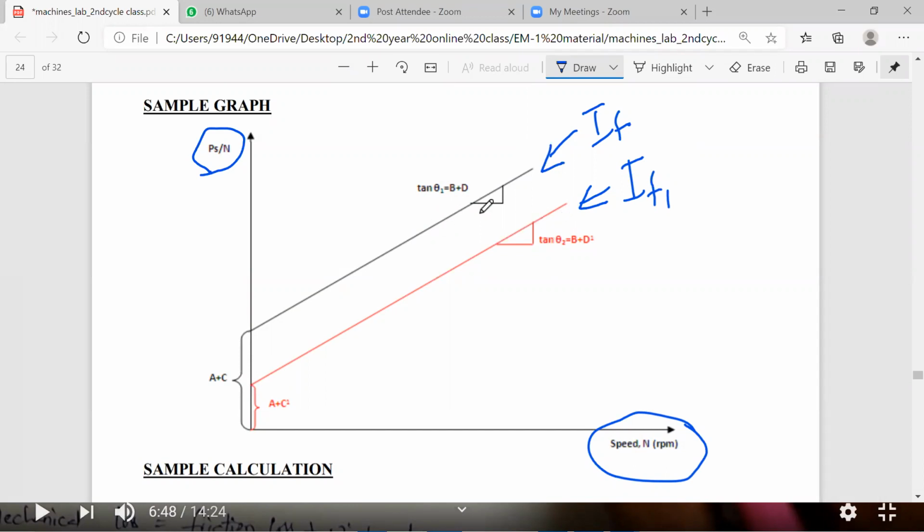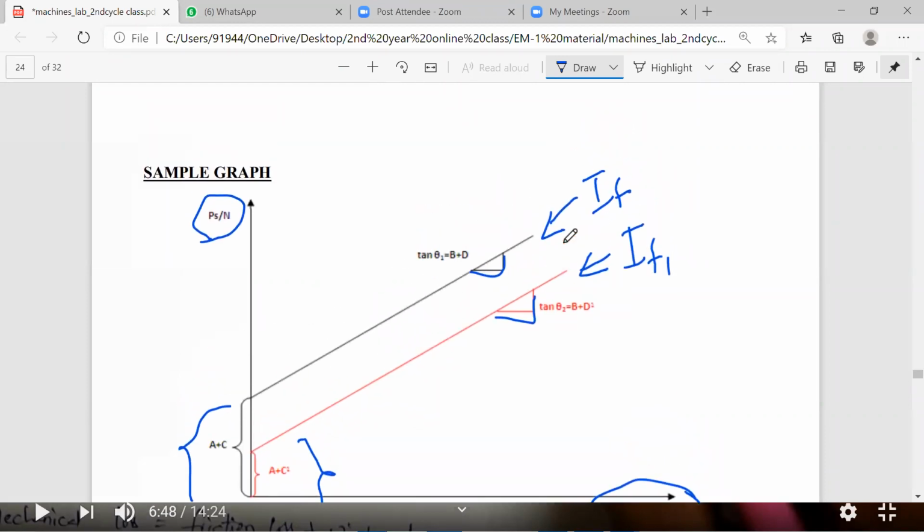The slopes of these 2 field currents are different. The constant terms are A plus C for the first, and A plus C dash for the second. The slopes are B plus D and B plus D dash, because we have 2 equations. So therefore 2 curves.